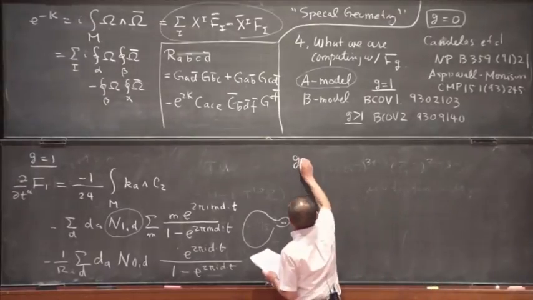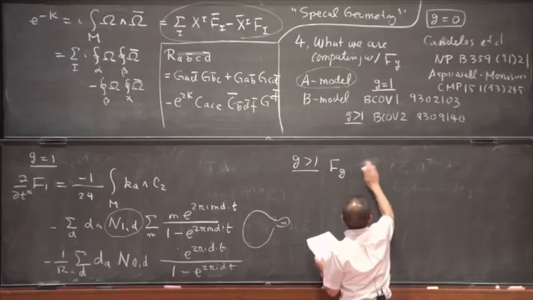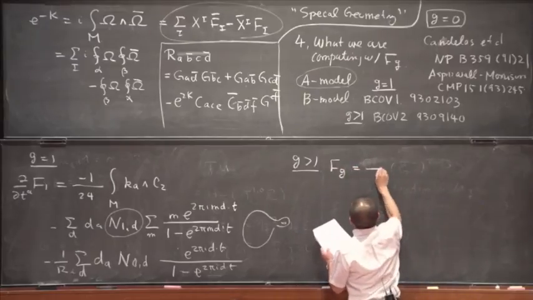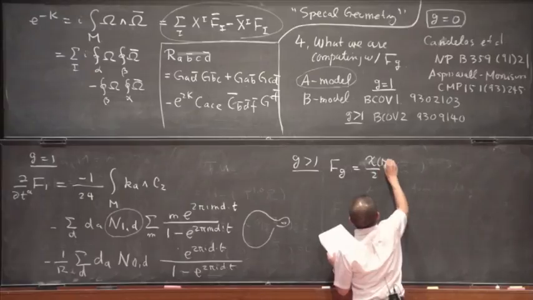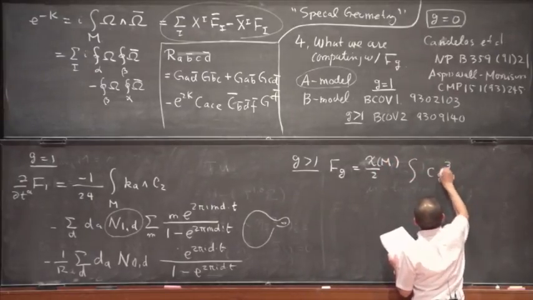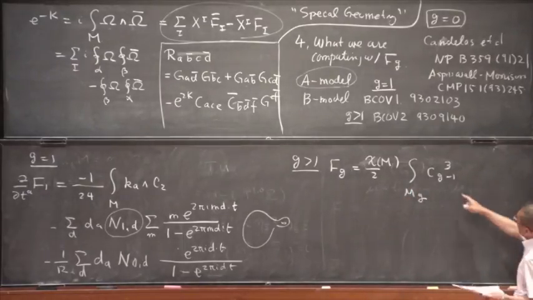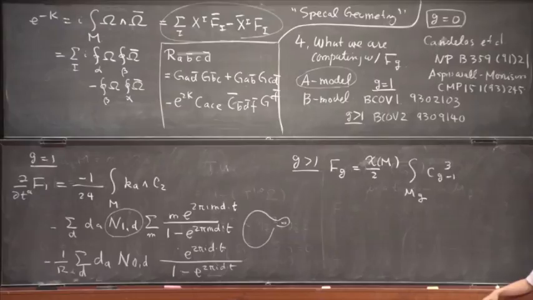And for genus greater than 1, we have this kind of structure. So this is the Euler characteristic of the target space Calabi-Yau. And then we have an integral over the moduli space of genus G surfaces. And this is a Chern class of a particular bundle called the Hodge bundle over the moduli space of Riemann surfaces.